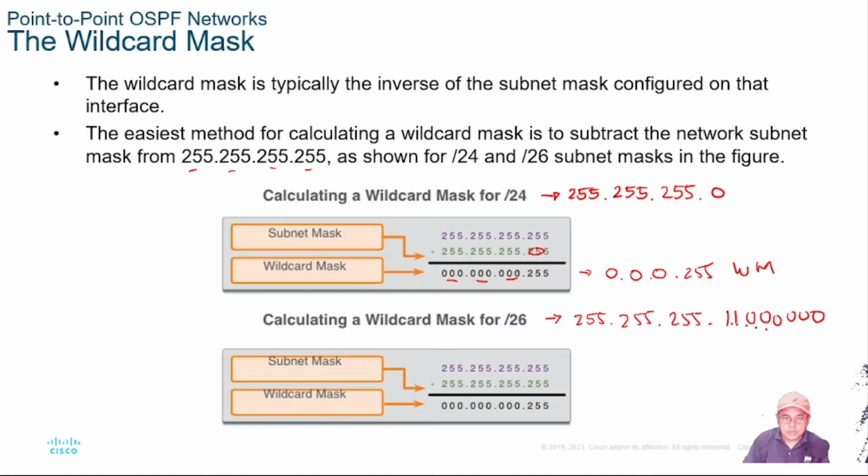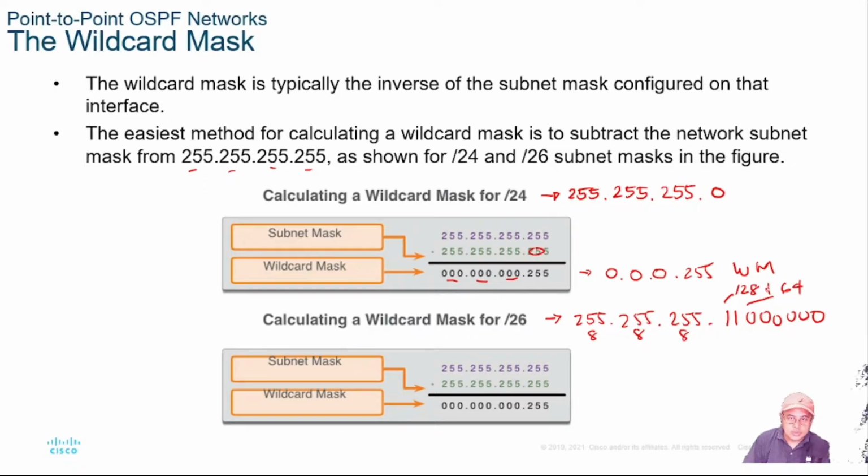So this is the fourth octet. This is 8 ones, this is 8 ones. So 24 ones plus 2 is 26. That is why this is /26. So if we're going to convert this into decimal, the positional value is 2^8 from right to left, and this is 64.